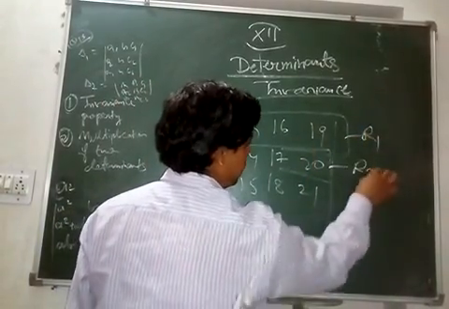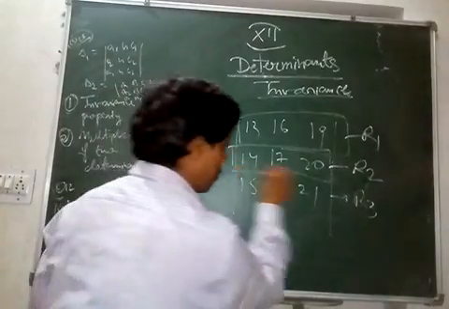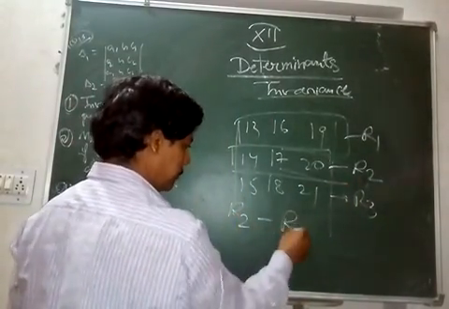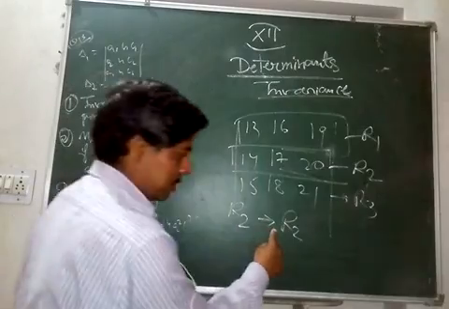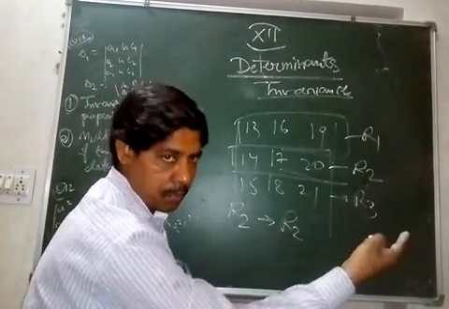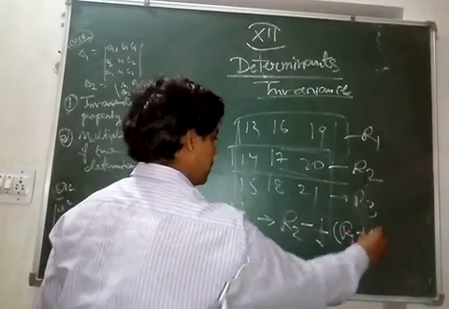This is row 1, this is row 2, and this is row 3. In this, row 2 is transformed to row 2 minus half of row 1 plus row 3.